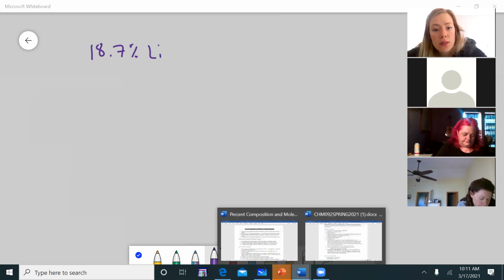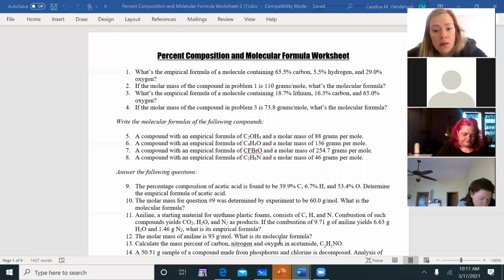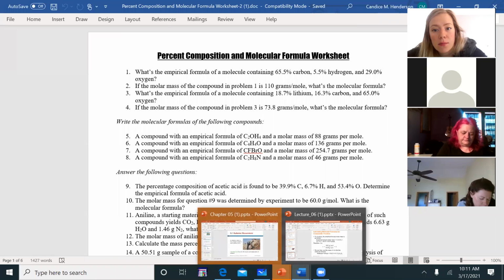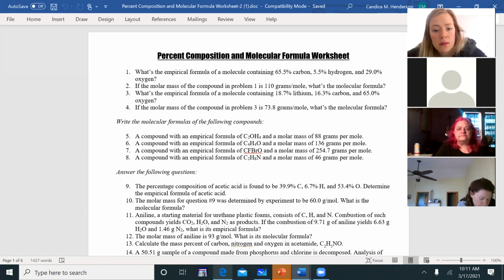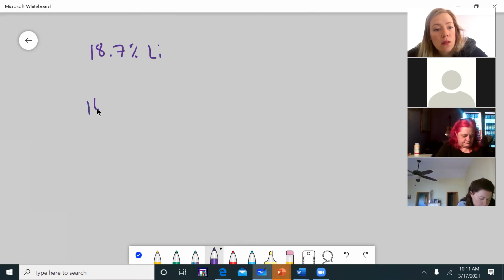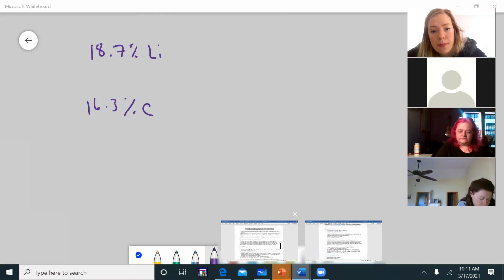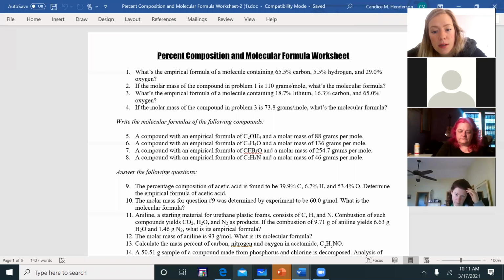Okay, so for this one, we had 18.7% lithium, 16.3% carbon, and 65% oxygen, most of it's oxygen.